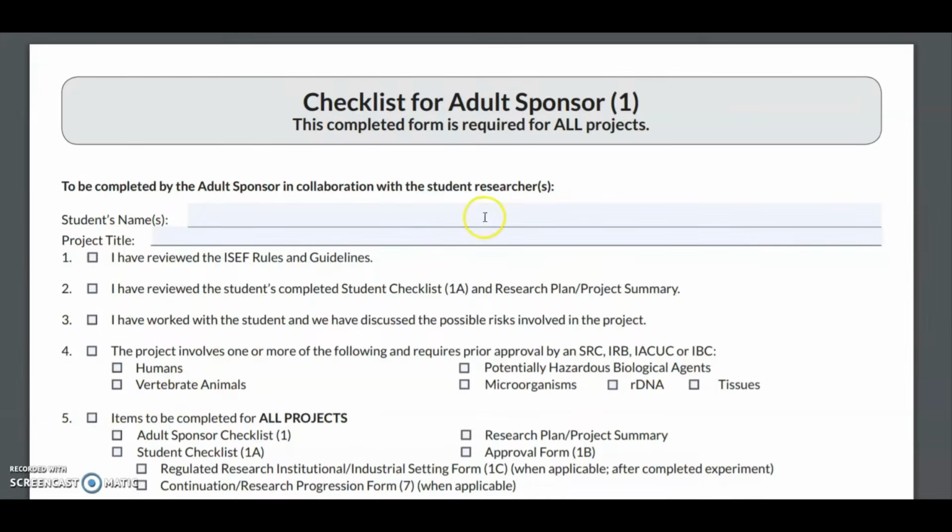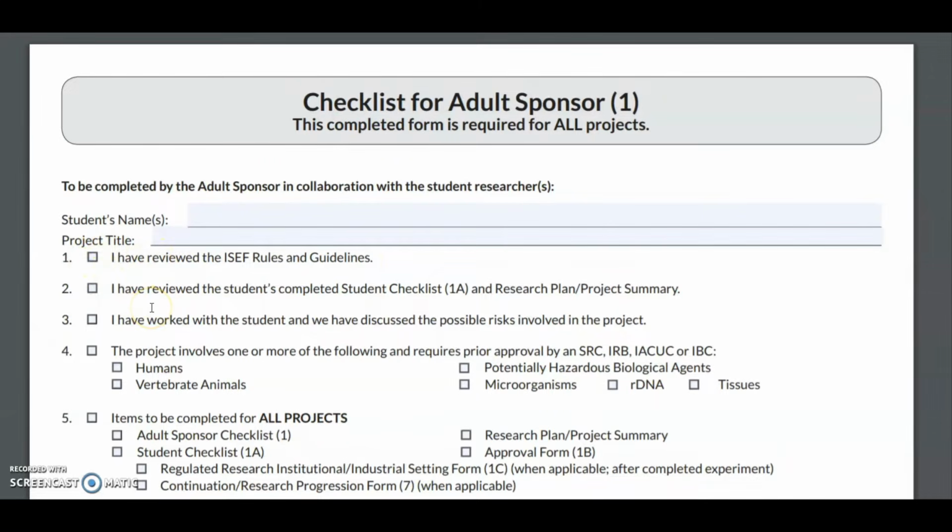Going back to Research Form 1, which is the checklist for adult sponsor, the student name is written here as well as the project title. For the first 5 statements, you have to check all that applies. So for example, number one statement says, I have reviewed the ISEF rules and guidelines. So if you did, then you have to check this statement, okay?